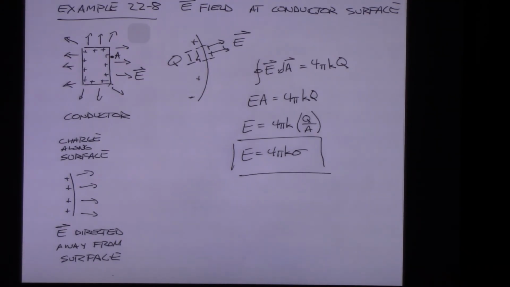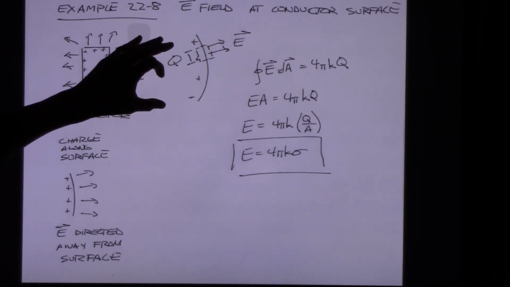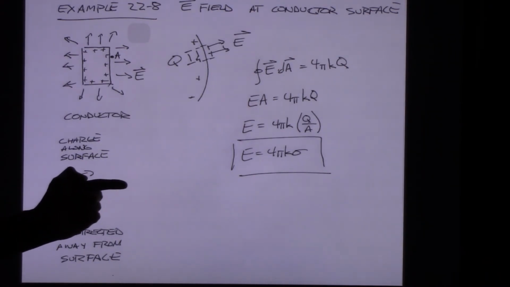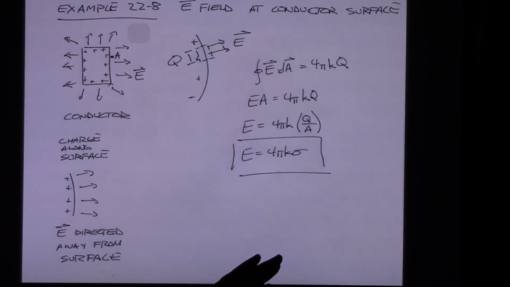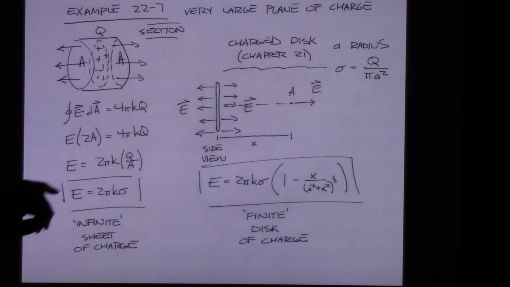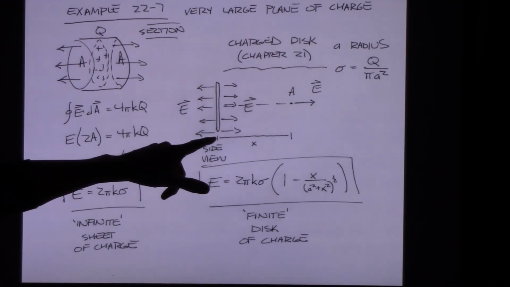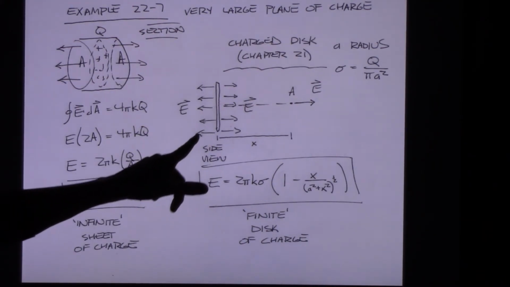If I'm looking at a conductor, the E field inside is 0, and that means that all of the electric field lines are directed unidirectionally away from that surface. None of the E field lines come back inside. So for a given amount of charge, the E field is concentrated in one of those directions, and that doubles the electric field. Again, if we go back and look at the drawing with our circular charged disk, we had electric fields going in both directions.